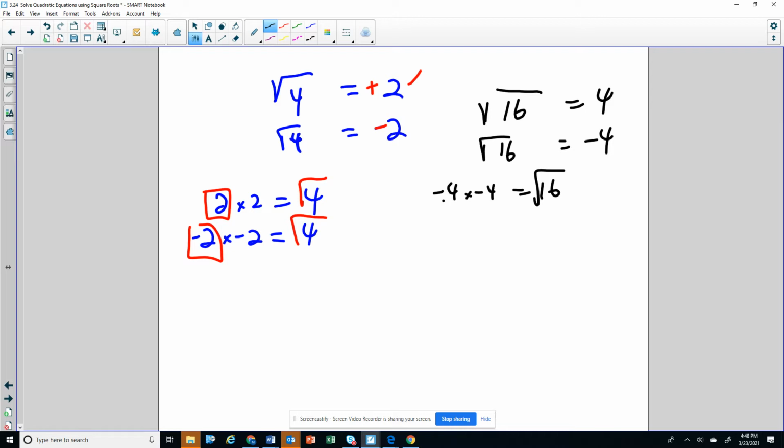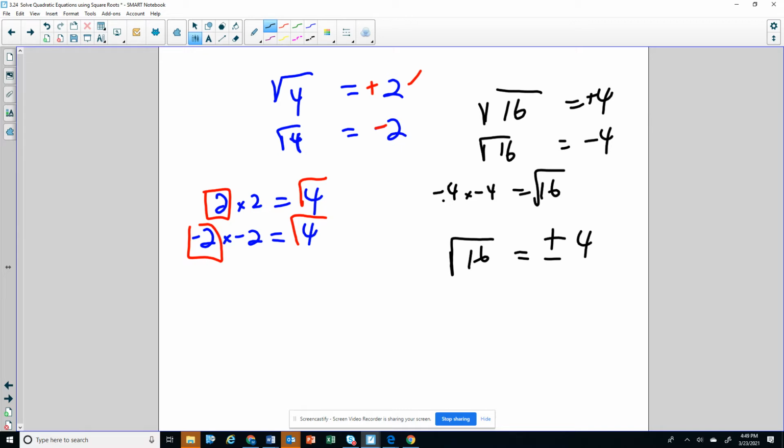Now, we usually shorten the answer this way. We say the square root of 16 is going to give me two answers, a positive 4 and a -4. So I write this as plus or minus 4.